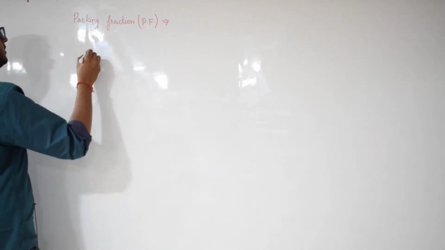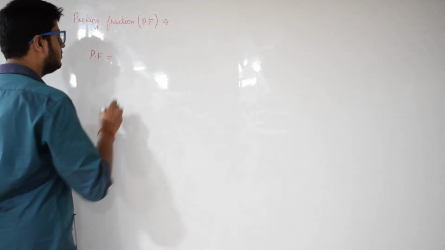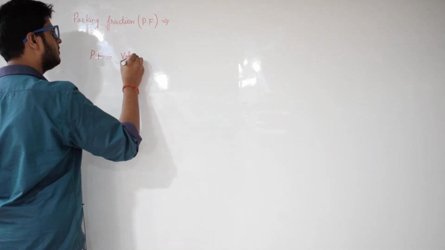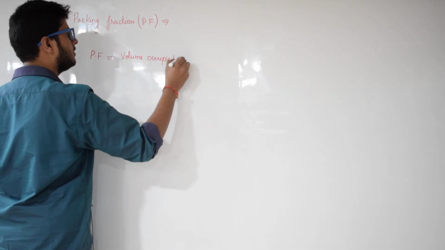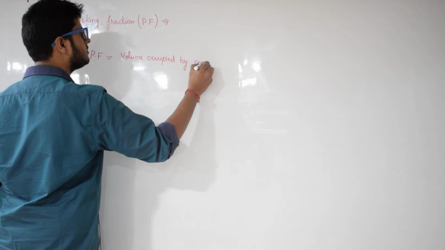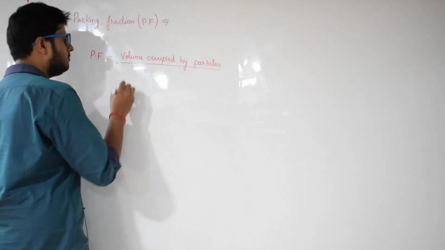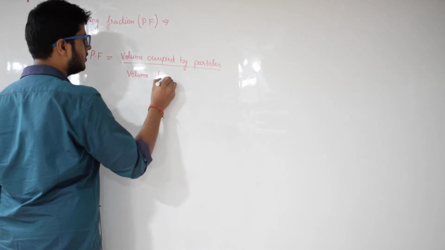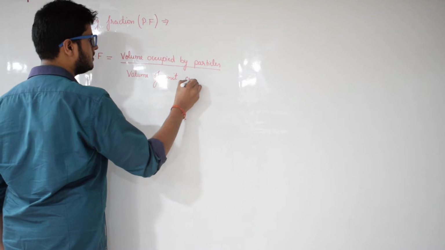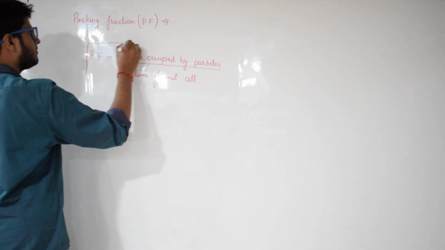So, the packing fraction is represented by a mathematical expression. PF is equal to volume occupied by particles upon volume of unit cell.